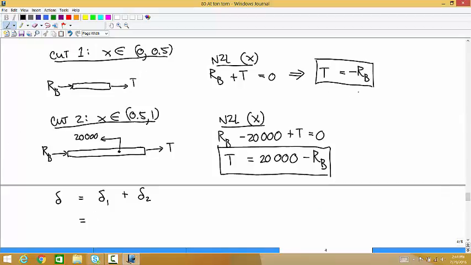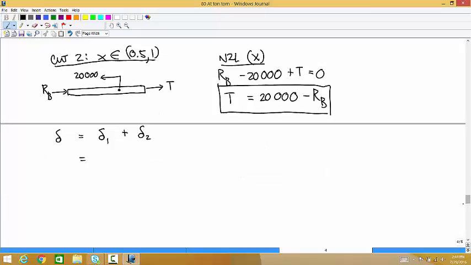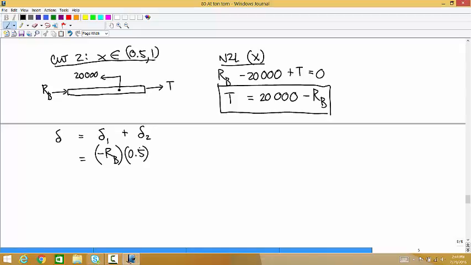T for piece 1 we got from that first cut is equal to negative RB. Who's still with me? Okay. So we have negative RB times the length of that first piece, which is 0.5, times E. I didn't give an E. It turns out it'll cancel out in this problem. I did give an A. It turns out that would cancel out too. Let's just write it as EA.